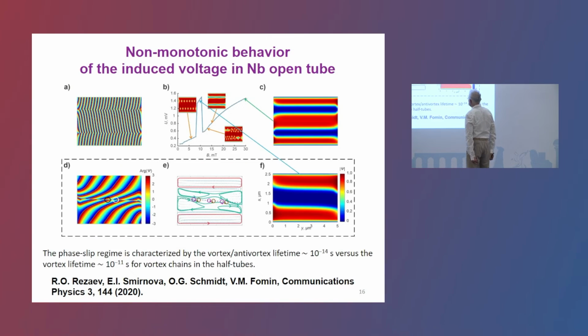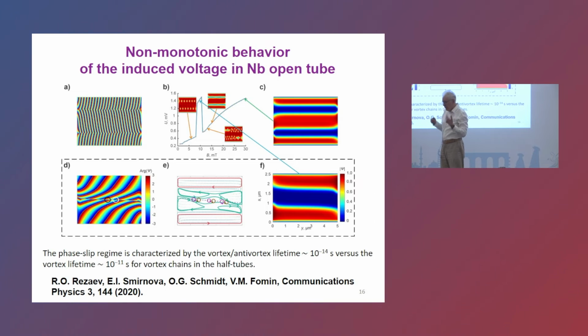Next one, please. And this is a very, very unusual development. Let us try to follow this same transition, but at enhanced currents, when the transport current is already of the order of critical, still subcritical, but strong.